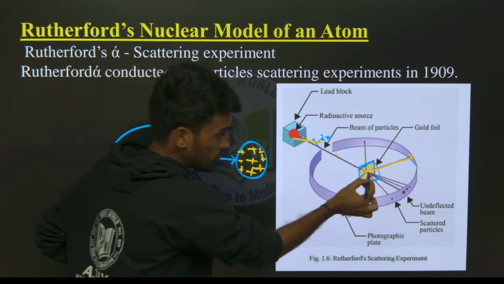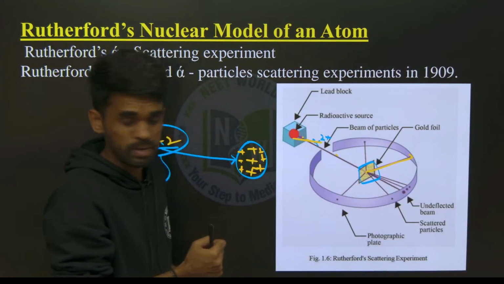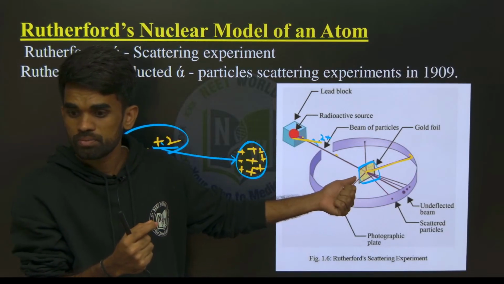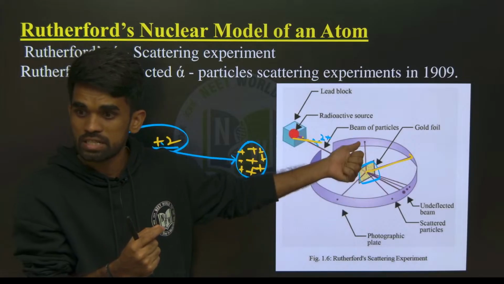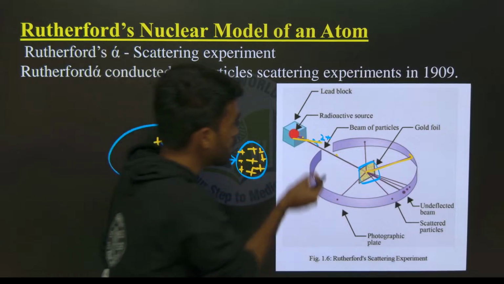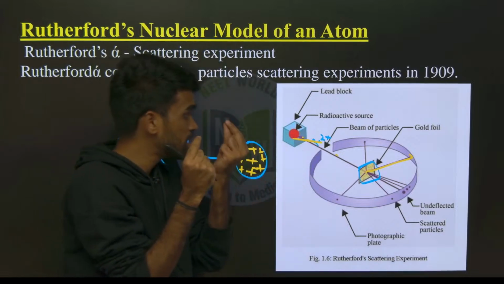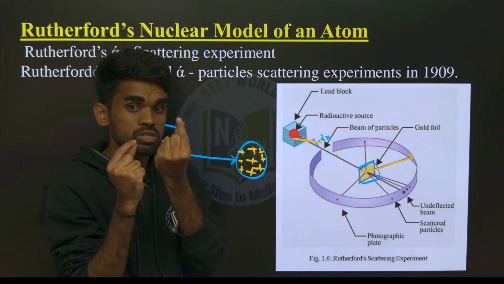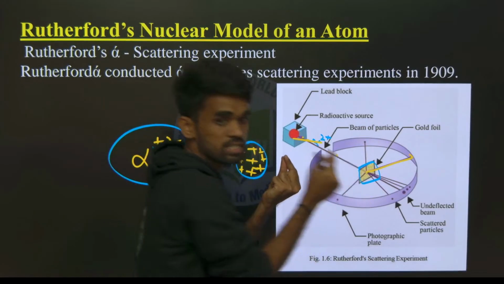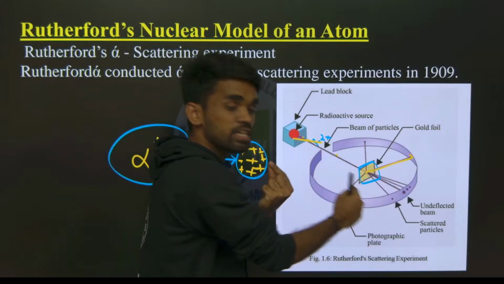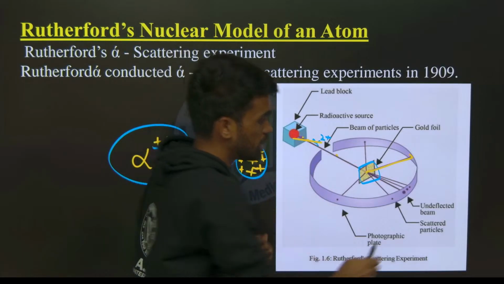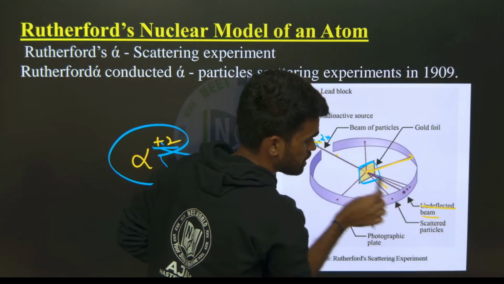Because if positive charge were uniformly spread, there would be repulsion between the alpha particle and that positive charge, and deflection would be observed. But is it the same case here? No. Only in the small region called the nucleus, where the positive charge is concentrated, some deflections are observed. In other regions there is no deflection. See, the undeflected beams look like this.